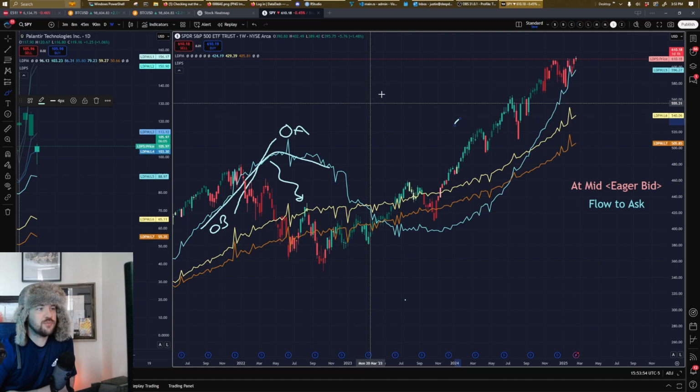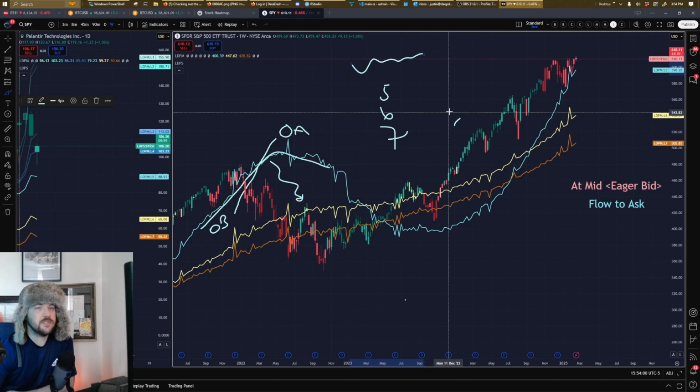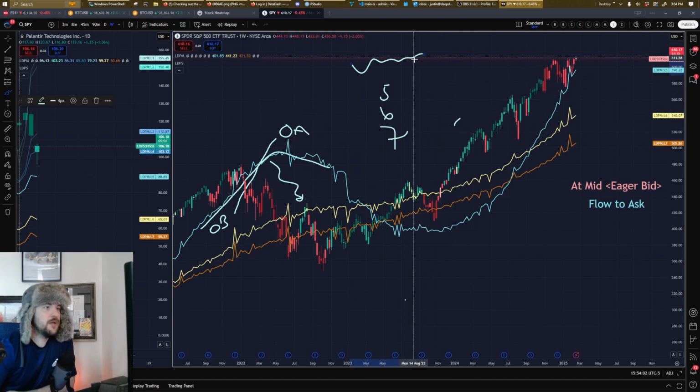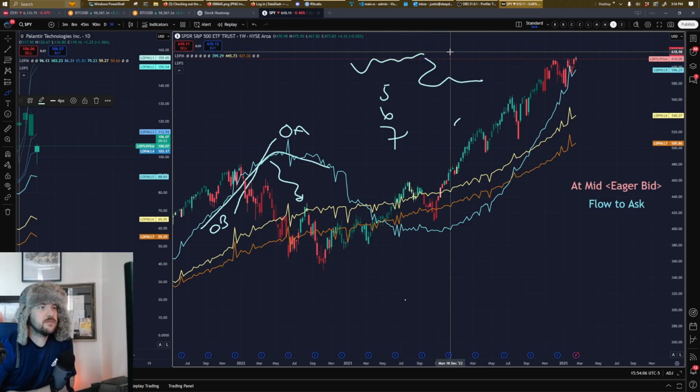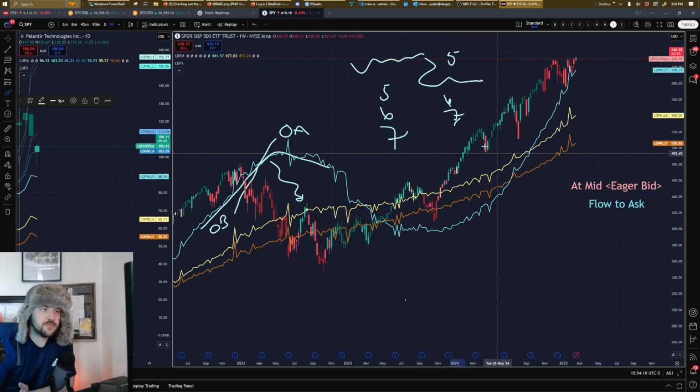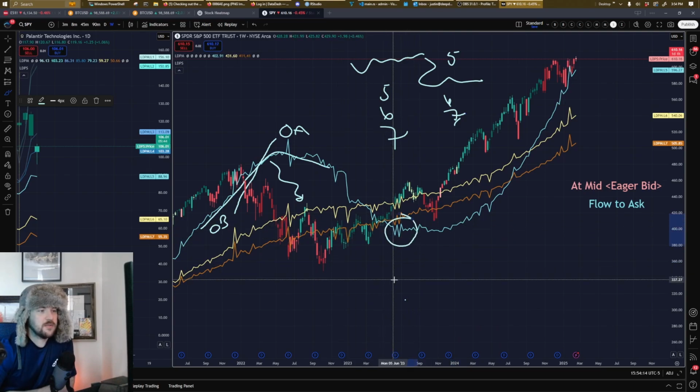So as long as the price is above the bullish stack, that is bullish. But if, say, the price crosses and has a bearish crossover, then that's pretty bearish. And then if it crosses fully over, then that's pretty bearish.